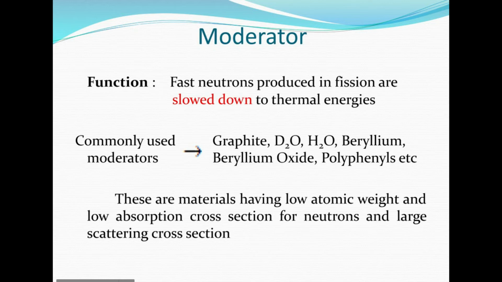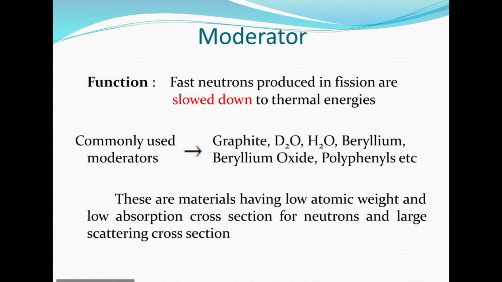Next element is moderator. Fast neutrons produced in fission are slowed down to thermal energies by the use of materials called moderators. Most commonly used moderators are graphite, heavy water, light water, beryllium, beryllium oxide and some organic liquids like polyphenols.